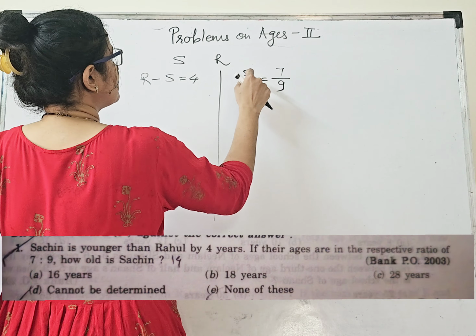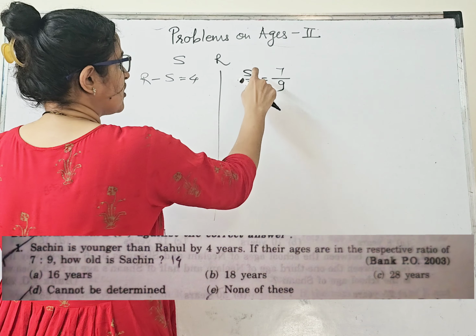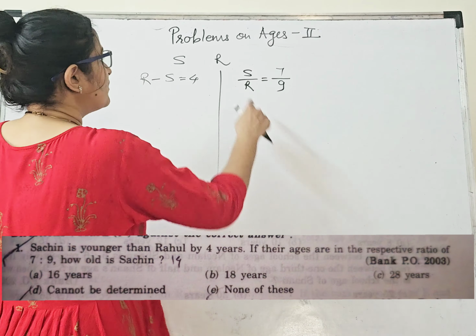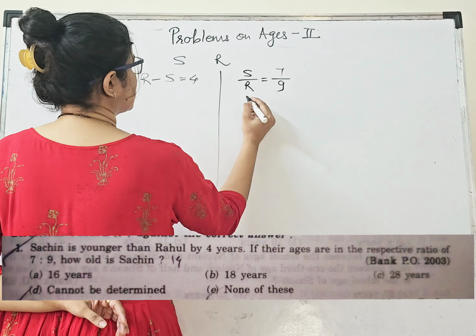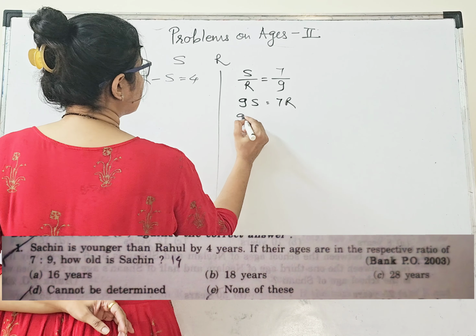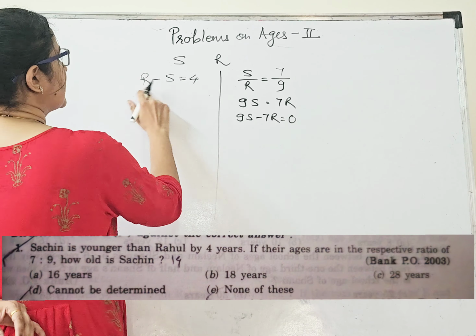Sachin and Rahul's ages are in the ratio 7:9. How do you know that this is not R upon S, and why it is S upon R? Because S is younger than R. Now cross multiplication gives you 9s equals 7r, meaning that 9s minus 7r equals 0.